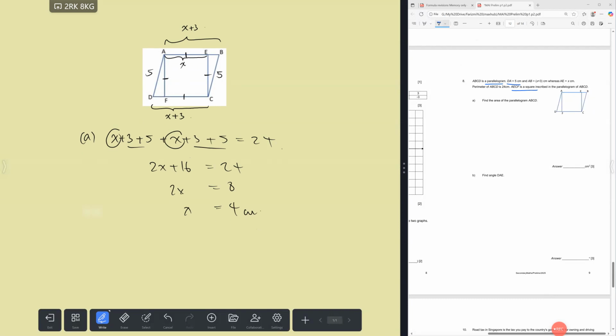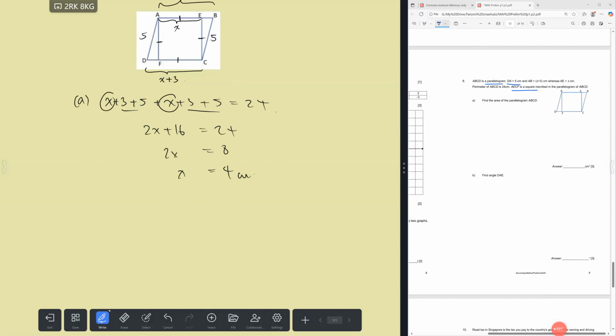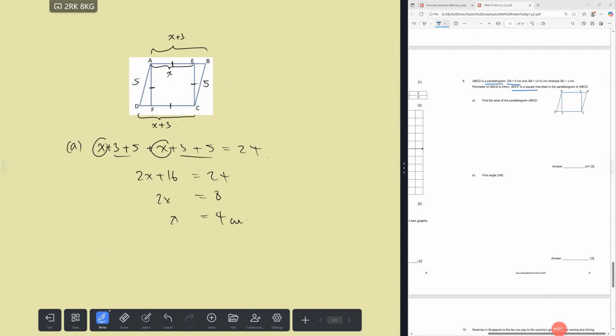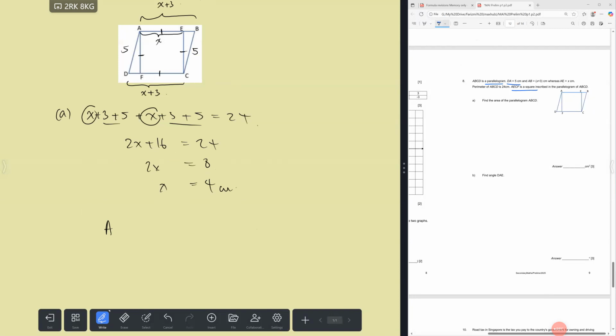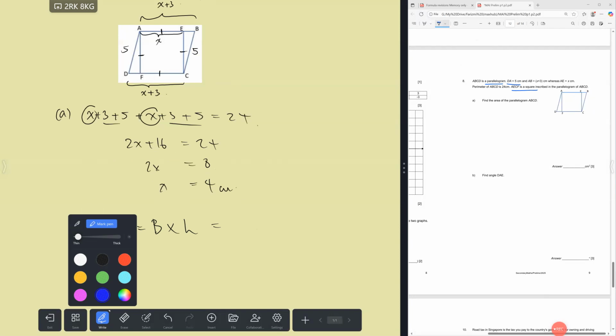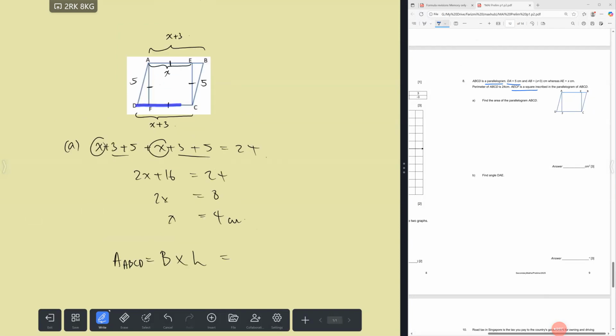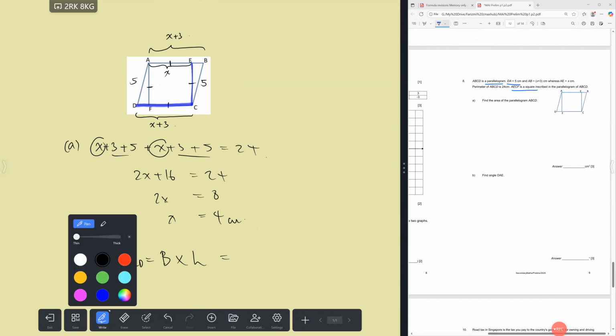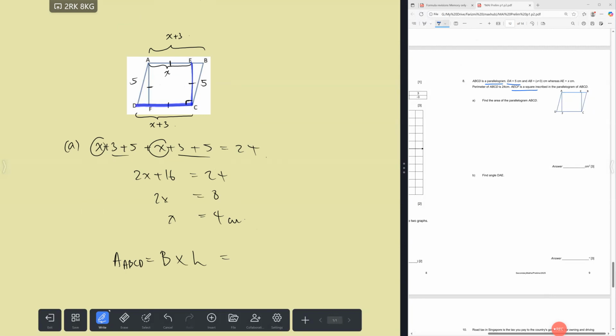Great, and for question A we want to find the area of parallelogram ABCD. What you need to notice firstly is that the formula for the area of a parallelogram is base times height. The common question we get is, of course, who is the base and who is the height? If you look over here, this is the base, and this will make EC the height. Why, you ask? Because over here is 90 degrees, because AECF is a square. So this is your base and this is your height.